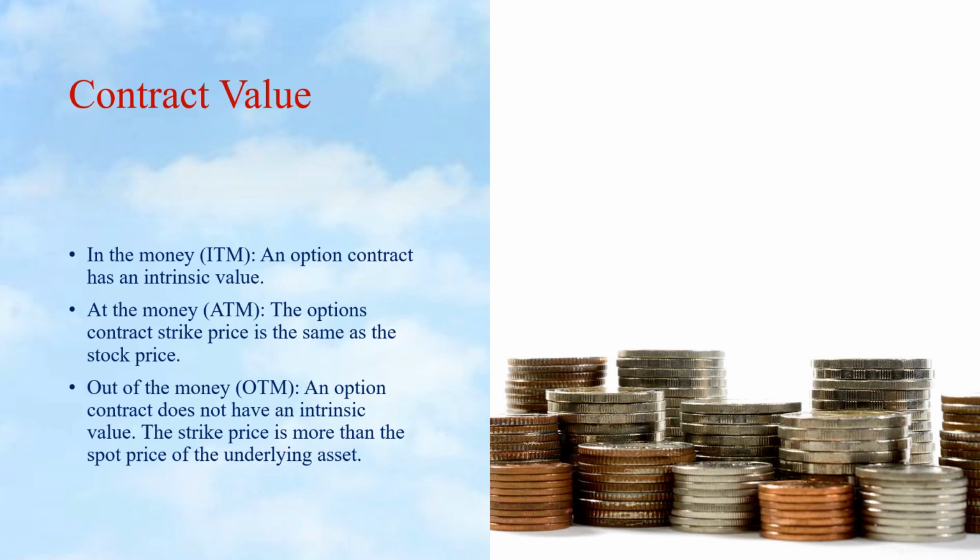So in OTM only, the original price of the shares or securities will be higher than the spot price. You have to understand the meaning of ITM, ATM and OTM. ITM, simple thing, this is the original price. ATM, if the strike price is equivalent to the stock price. OTM, the strike price is more than the spot price. That is called OTM.